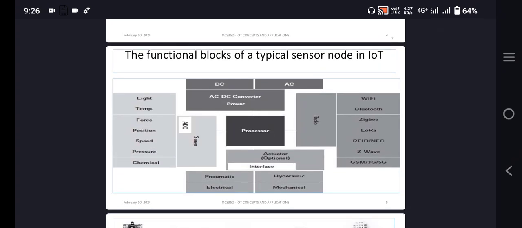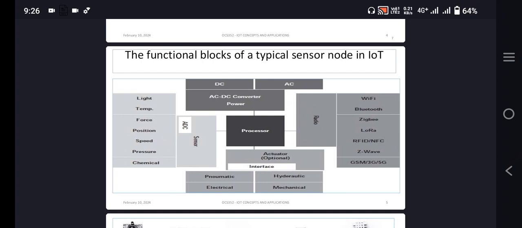The basic functional blocks of a typical sensor node in IoT start with various sensors. The sensed data may be light, temperature, force, position, speed, pressure or chemical, and can be sensed by different varieties of sensors.